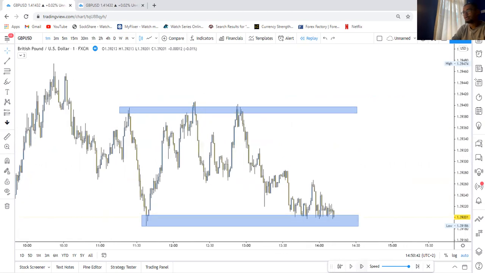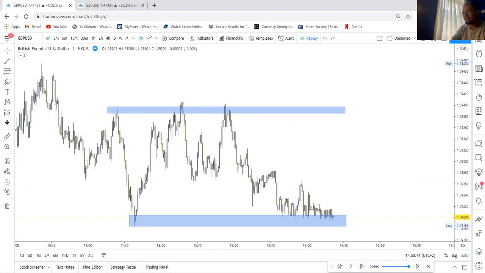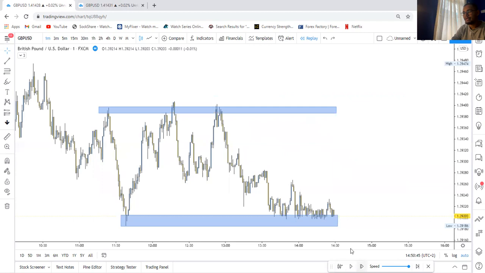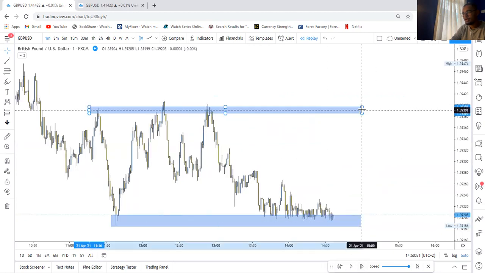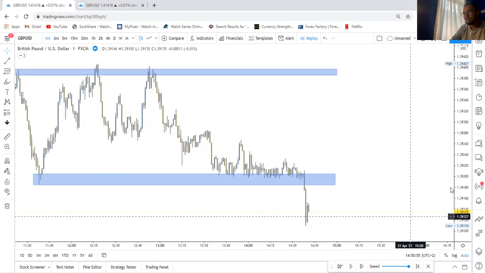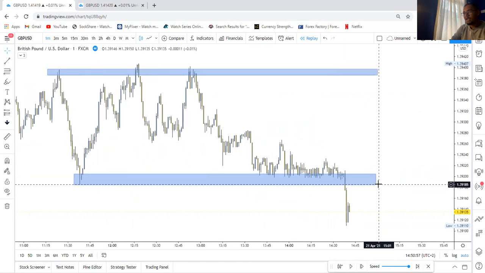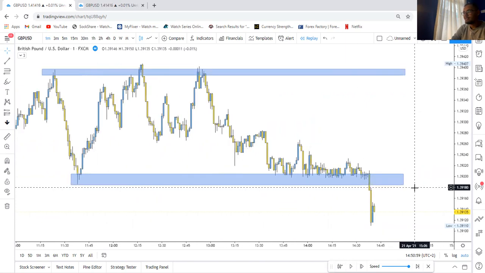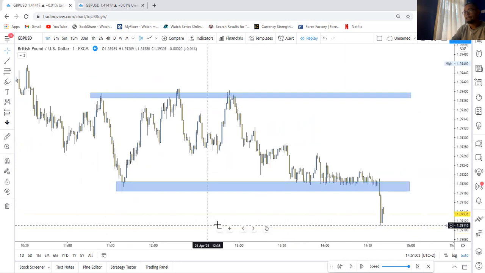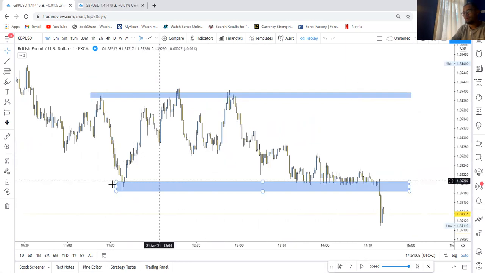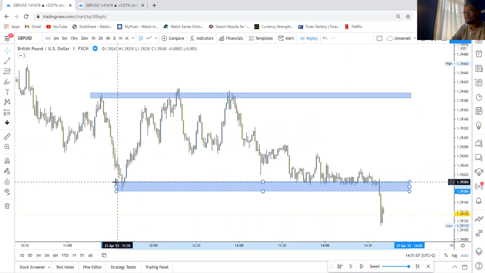I don't like using any types of indicators for trend determination. A lot of times people use a 50 EMA, which I'm not completely against. You can use the EMA if you want to, but I would like to be solely based on something that I know works, and structure. I know that structure always works.